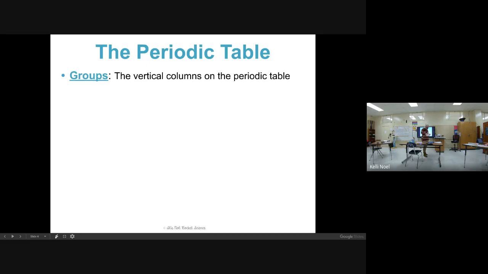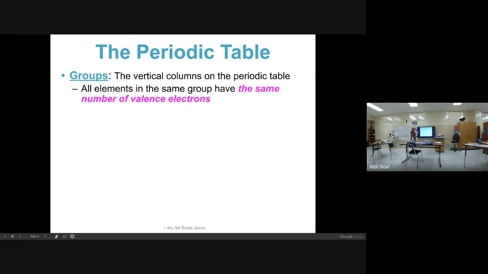Then it jumps back up to 3A to 8A. Now, on some periodic tables, these groups will start with number 1 and will go all the way to 18. So there's just different numberings, but the groups are the columns up and down.